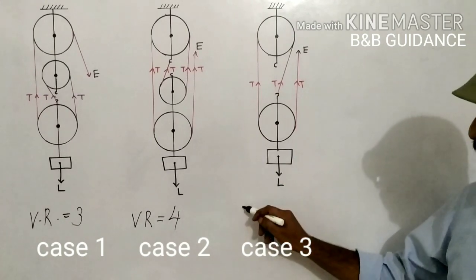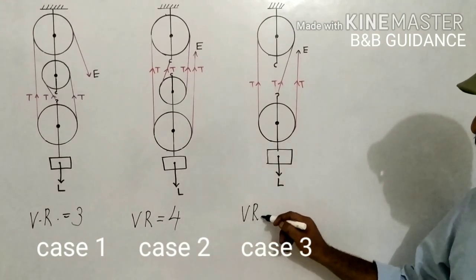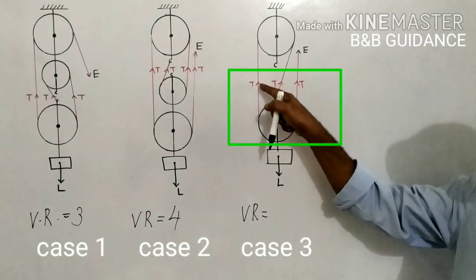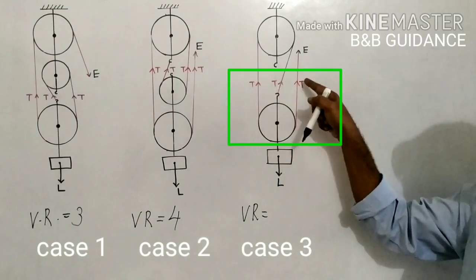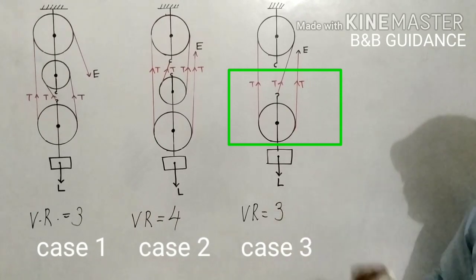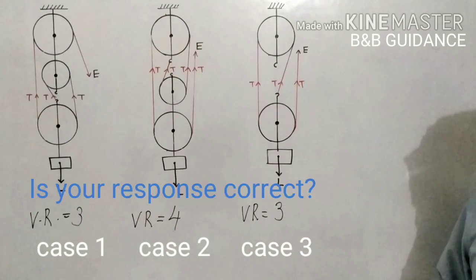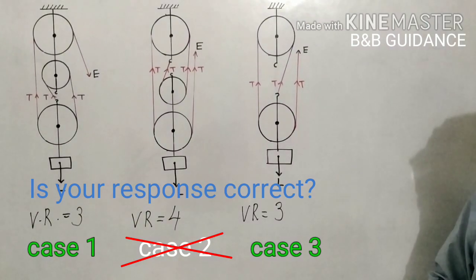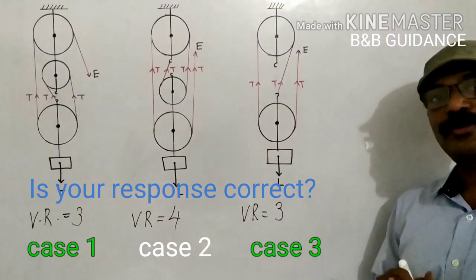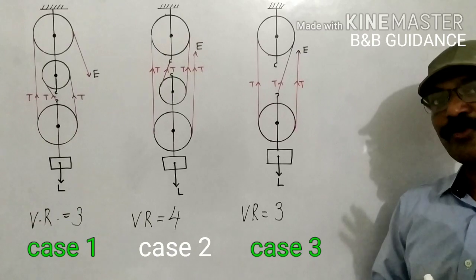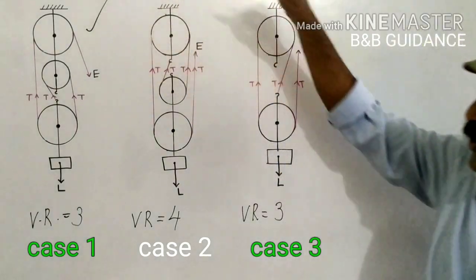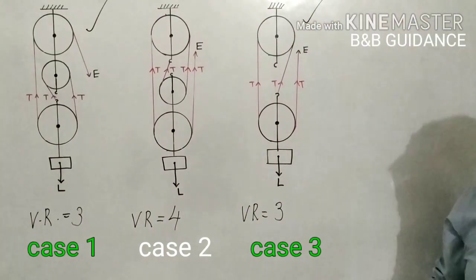Here velocity ratio is equal to number of strands supporting the load. 1, 2, 3. 3. So in the examination, if you are asked to draw a block and tackle system of velocity ratio 3, you can draw either this diagram or you will draw this diagram.